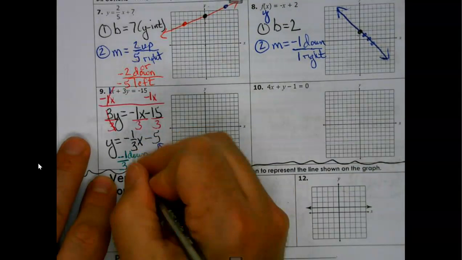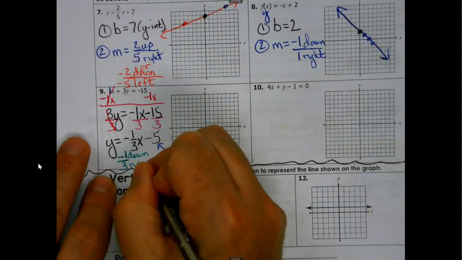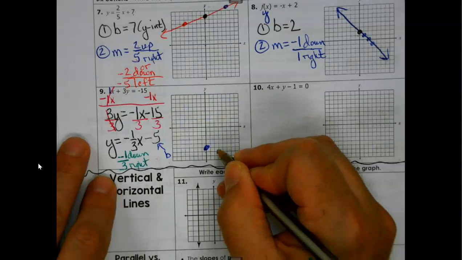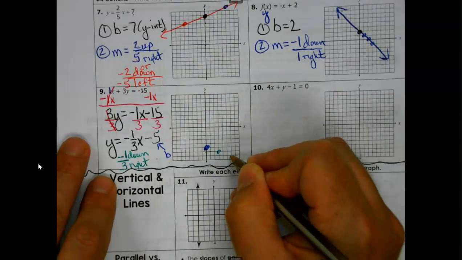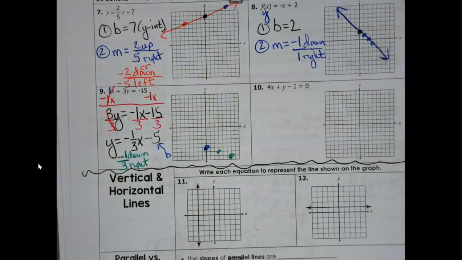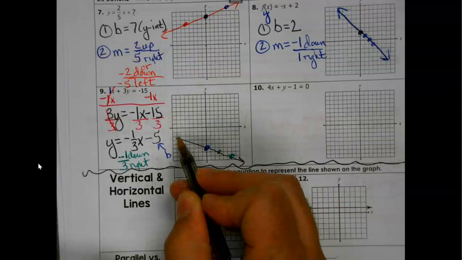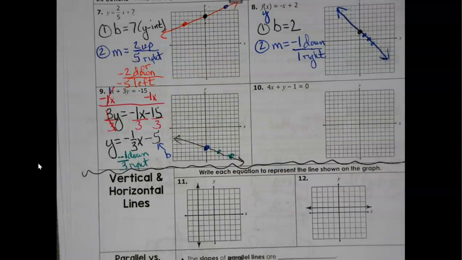So I'm going to go 1 down, and I'm going to go 3 right. And I'm going to go 1 down, I'm going to go 3 right. And as long as the 3 points you plot all look like they make a line, there's no oddball, go for it. You don't have to go both ways every time.